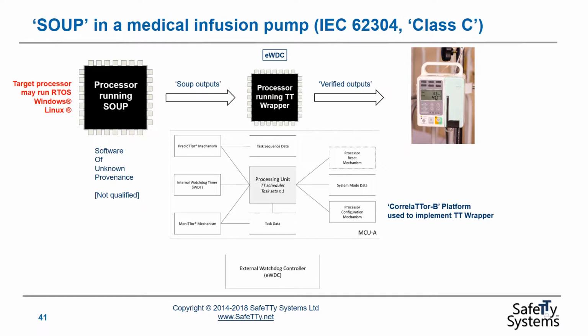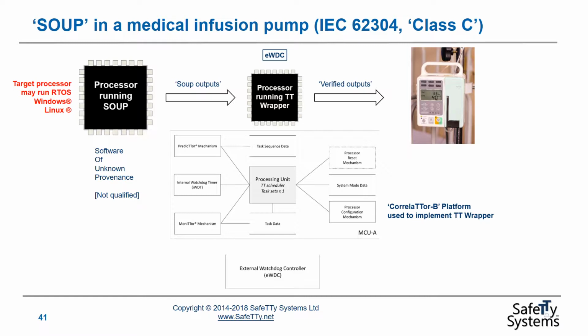We have here a processor running what's known as SOUP. This, according to International Safety Standard IEC 62304, is software of unknown provenance. So we have a processor here that's generating the signals that we would wish to use to control our medical infusion pump. This is running unqualified software.